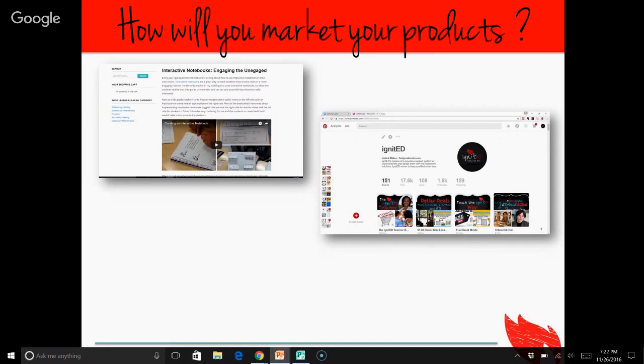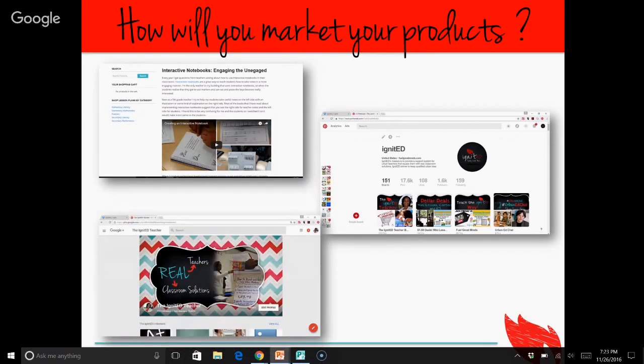I know a lot of people say, well, Facebook, I get a lot of stuff off of Facebook, and I found that Facebook is great for business, but generally when teachers are looking for stuff, we go to Google and put it in a search engine.